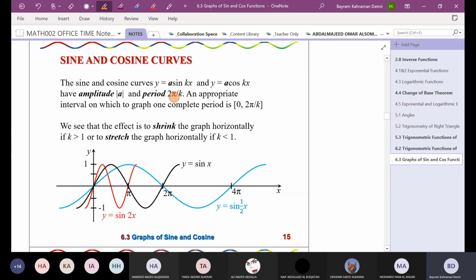So new period is 2 pi divided by k. Well, if k is 2, as you see in this picture, we have y equals sine of 2x. As you understood from the graphing program, it is a shrinking effect. It is shrunk horizontally, right? Before, it was the black graph, everybody. Black is the normal sine x, so the period is 2 pi. But now it is pi for the sine of 2x.